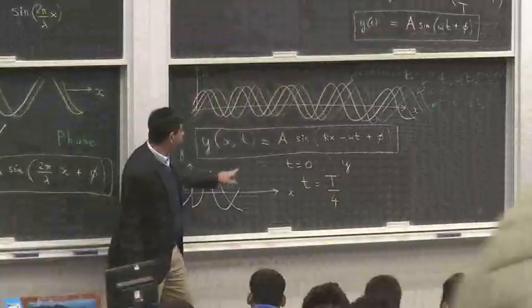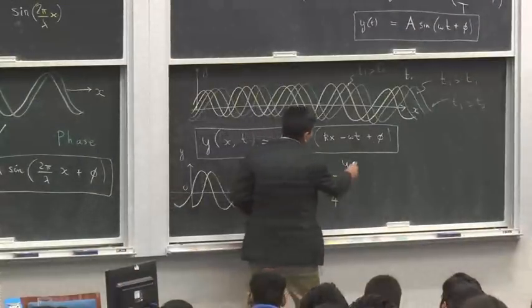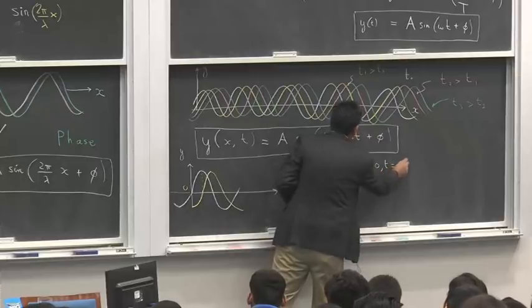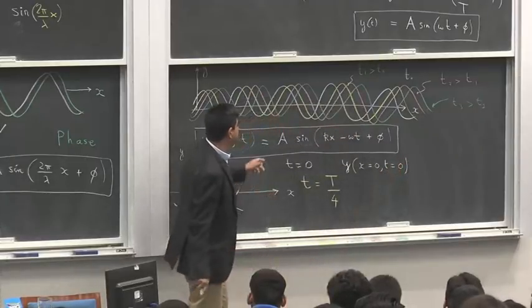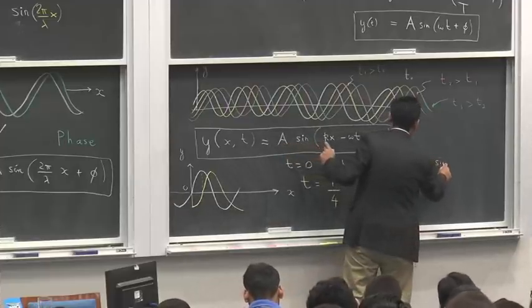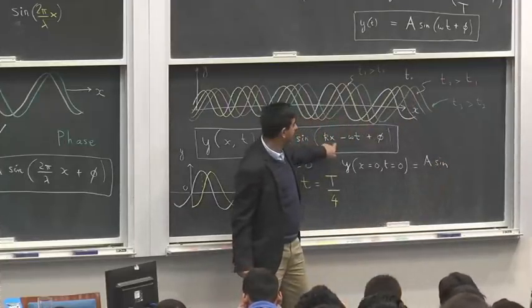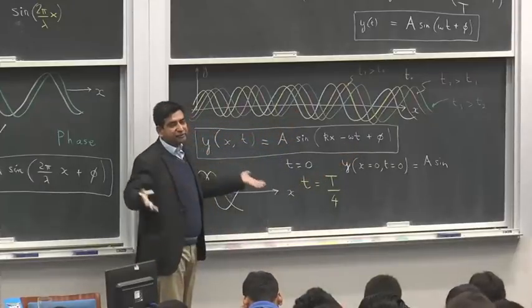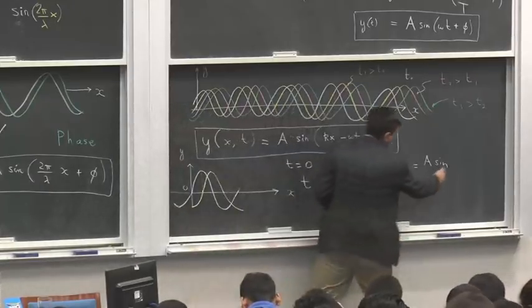So let's look at the value of the wave at x equals 0. For time t equals 0, the value of the wave at x equals 0 is simply a sine of 0, which is 0, and for the white wave, I'm taking my reference phase to be 0.